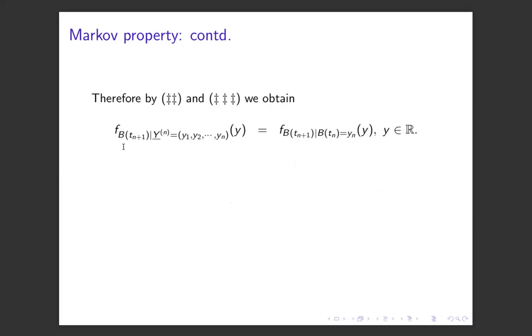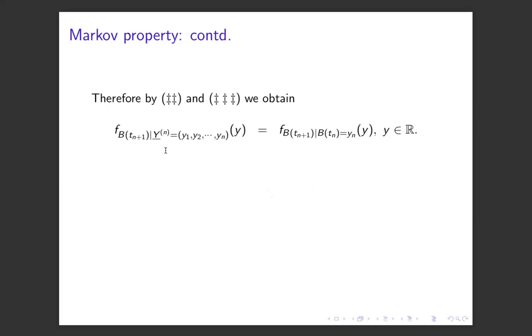That is, the conditional probability density function of B_{t_{n+1}} given B_{t_1}, B_{t_2}, ..., B_{t_n} equal to this point y_1, y_2, ..., y_n, evaluated at a point y in R, is the same thing as the conditional probability density function of B_{t_{n+1}} given B_{t_n} equal to y_n evaluated at y.